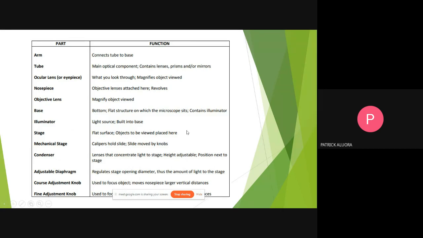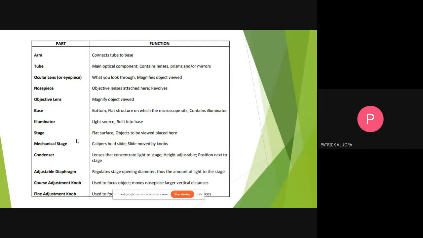You cannot just place the specimen directly on the stage. You have to use a glass slide, and then you fix the glass slide on the stage, and therefore the light from the illuminator, through the condenser, reaches the stage, and you're able to observe your image.